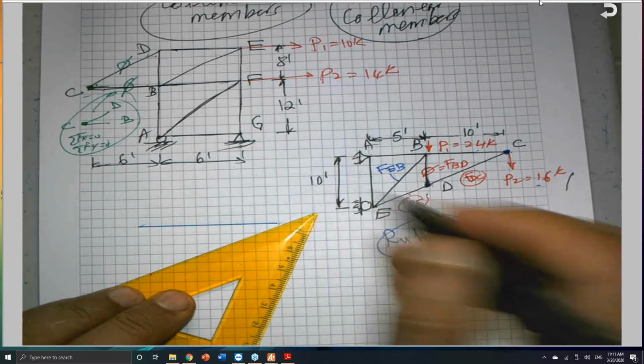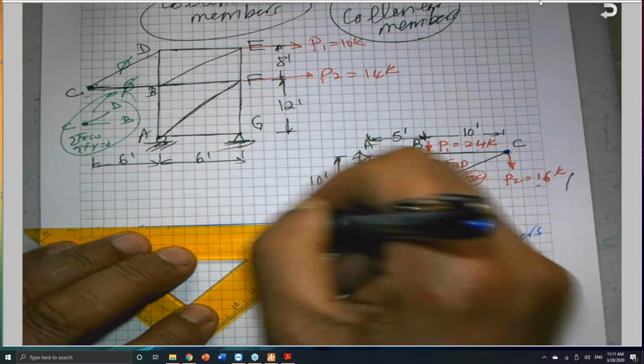let me draw it one more time. Hopefully I can draw it very quick.